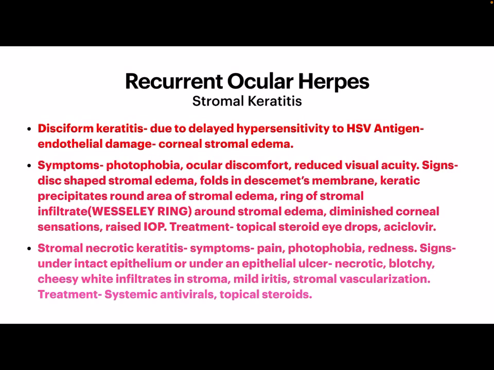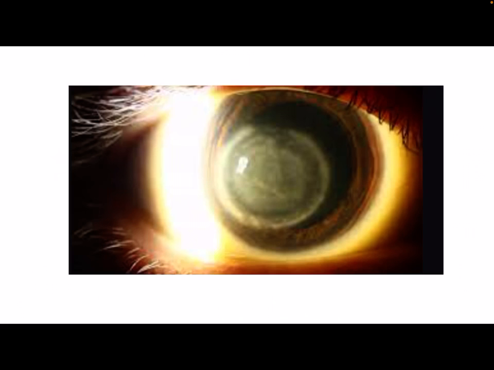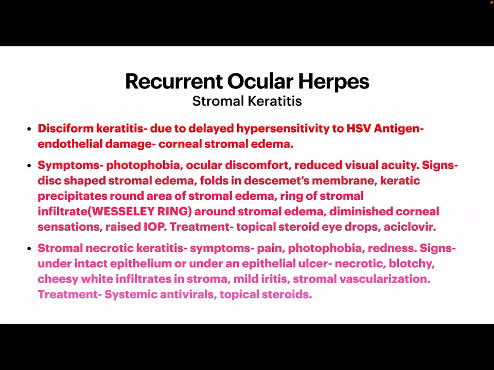Now symptoms are similar. There is ocular discomfort, photophobia, decreased visual acuity. Then in signs you will see disc shaped stromal edema. See, it is disc shaped and it is stromal edema. And there are folds in the Descemet's membrane. Then there are keratic precipitates around the area of stromal edema, and a ring of stromal infiltrate known as Wessely ring is formed around the stromal edema.